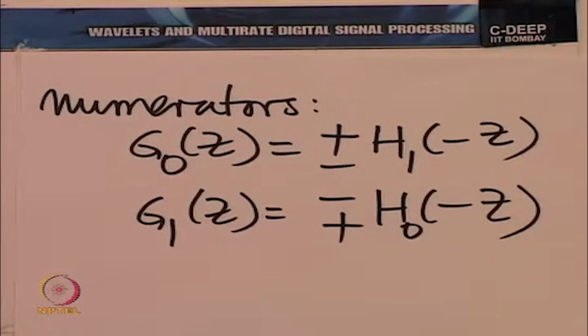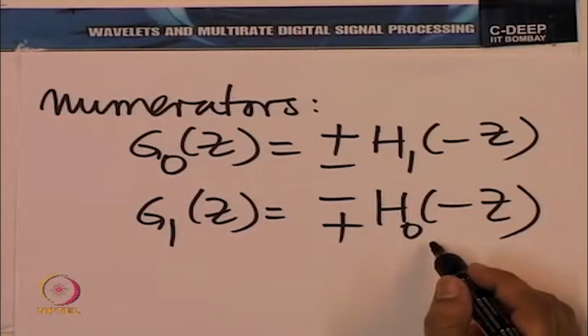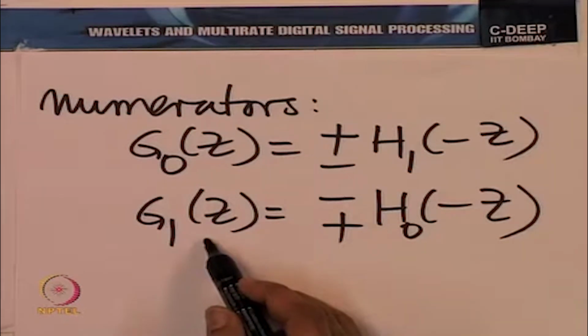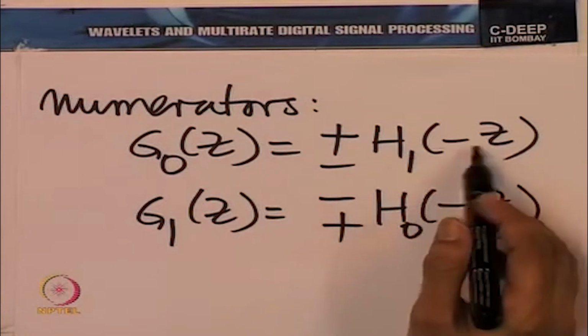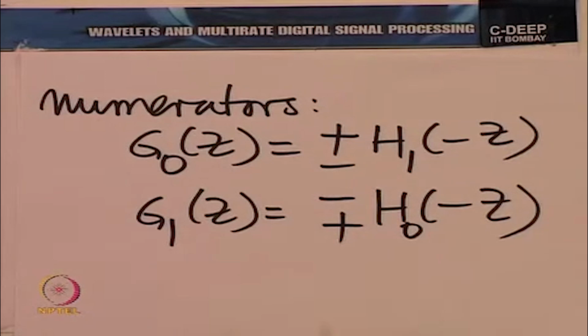We had also interpreted these expressions in the ideal case. If h 0 z for example, was the ideal low pass filter, then this would become an ideal high pass filter as we expect, and if h 1 is the ideal high pass filter, this would become the ideal low pass filter, all with a cutoff of pi by 2.